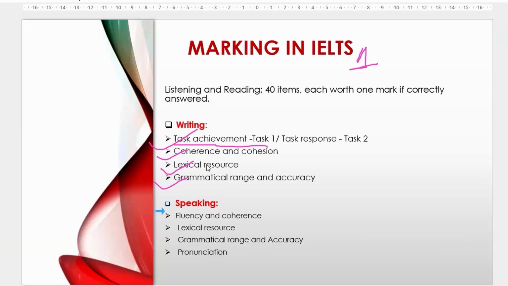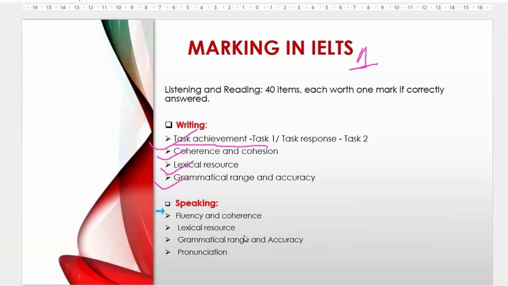I have already discussed lexical resource and grammatical range and accuracy. So these two points are also part of speaking. Lexical resource means try to use a wide range of vocabulary over and over, or try to change. You can use synonyms or antonyms, or try to avoid weak adjectives.